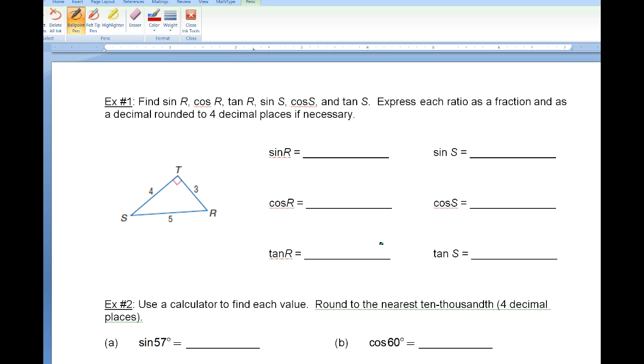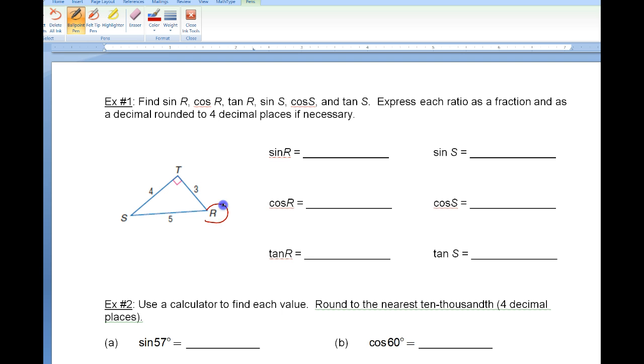Okay, so we are going to look at the next page. We want to find the sine of r, cosine of r, sine of s, cosine of s, tangent. Again, looking at the triangle and the angle that we're provided is going to determine which one is opposite, adjacent, and hypotenuse. So let's look at r first. R is right here.